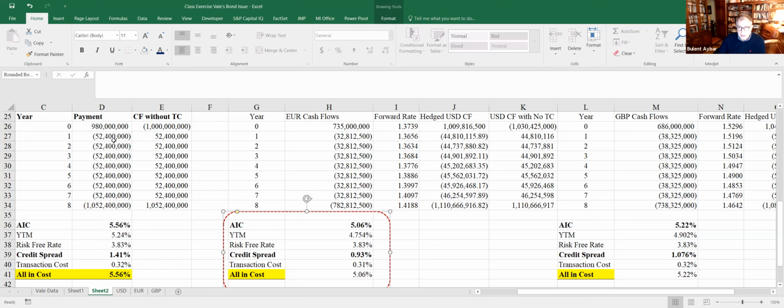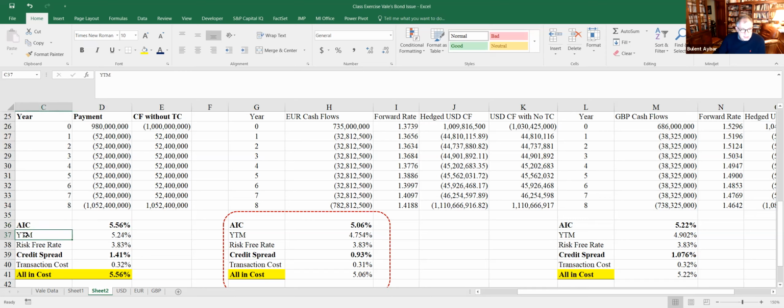So when we calculate the all-in cost, we look at the net receipt out of the issue and lay out all of the bond cash flows, or the loan cash flows, and we calculate the all-in cost as the internal rate of return of the stream of cash flows. So we calculated all-in cost in this case. So this cost includes also the transaction cost.